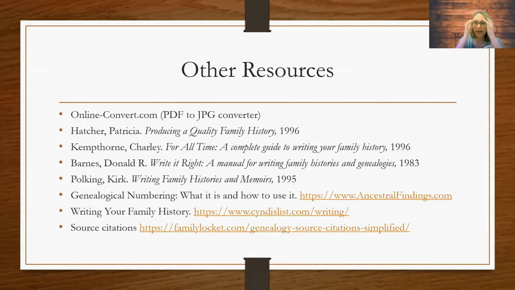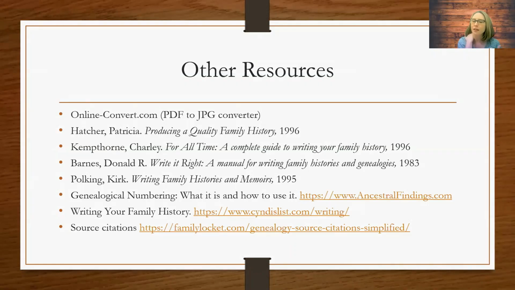All right, so now we have the other resources. I am going to send you all a copy of the slides when we're finished, so you don't have to write these down. This first one, onlineconvert.com, converts PDFs to JPEGs, to pictures, but it has a lot of other converters as well.